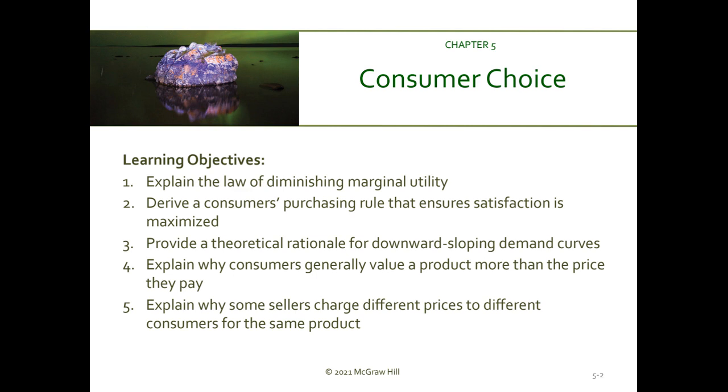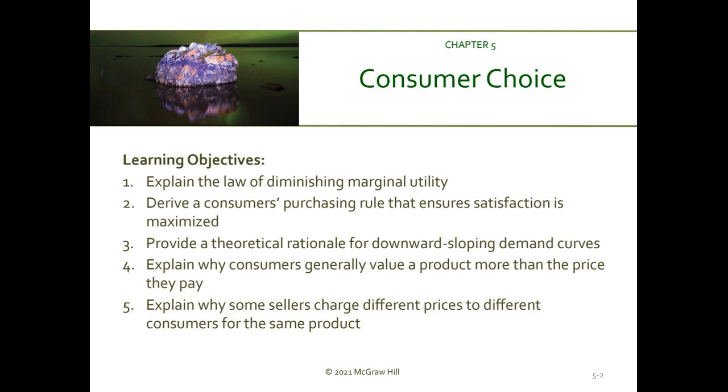We use the same concept as we are using here in defining law of diminishing marginal utility. Number 2, derive a consumer's purchasing rule that ensures satisfaction is maximized. So we will also discuss what should be the purchasing rule in order to maximize your utility or satisfaction.